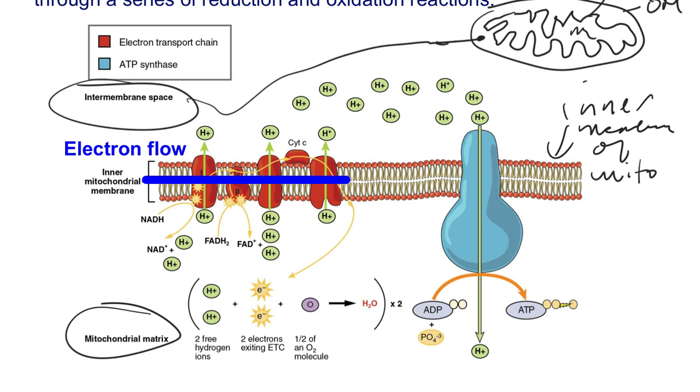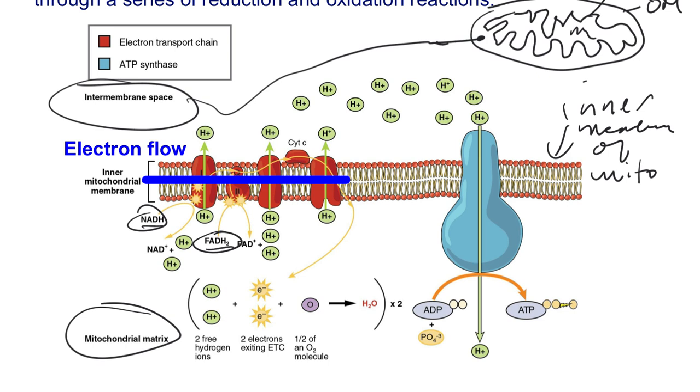So here you see NADH and FADH2. These high energy molecules are going to be losing their hydrogen and their electrons.